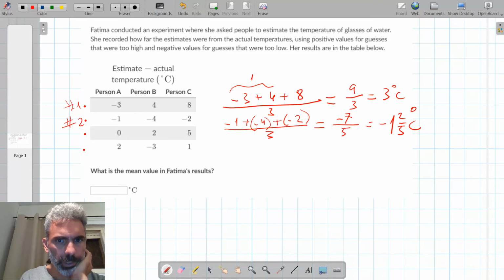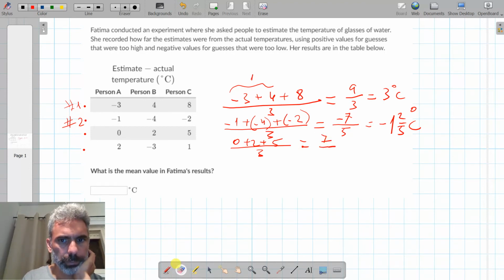And as for the third glass, we have 7, 2 plus 0 plus 2 plus 5 over 3 is 7 over, no, here I have a mistake. 7 over 3.